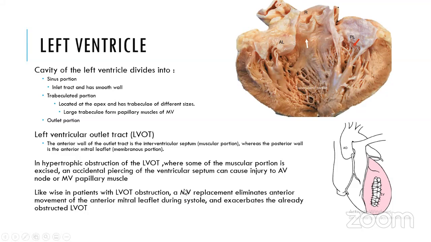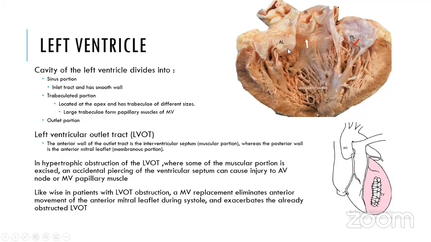Also, in left ventricular outlet obstruction, a mitral valve replacement can eliminate the anterior movement of the anterior mitral leaflet during systole and exacerbate the already obstructed left ventricular outlet tract.